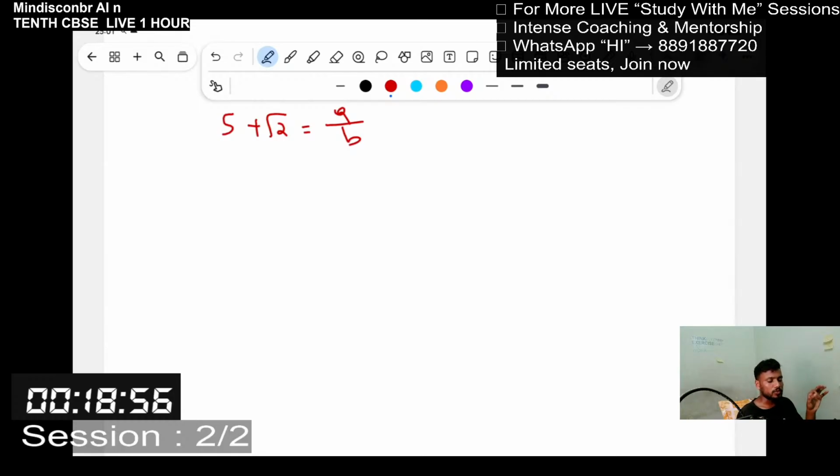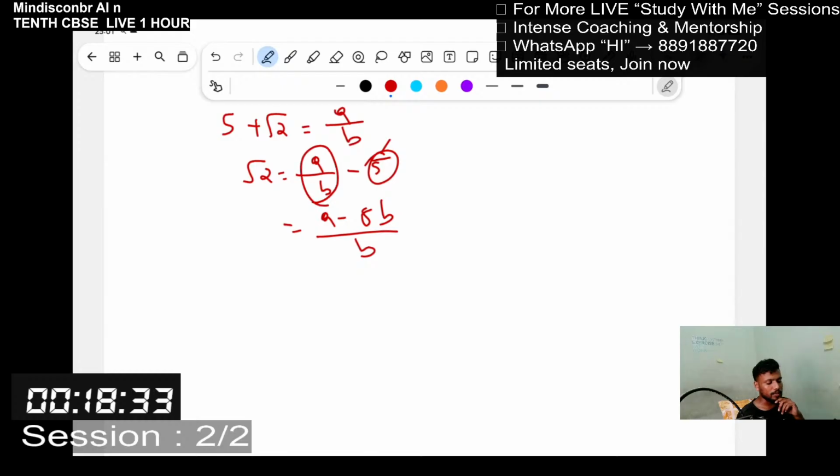So we can write 5 plus root 2 is equal to a by b, where a and b are integers, b not equal to 0, and a and b have only one common factor, that is 1, or a and b are co-prime. So root 2 is equal to a by b minus 5, or (a minus 5b) by b. This 5 is a rational number and a by b is also a rational number. A rational number minus a rational number is a rational number.